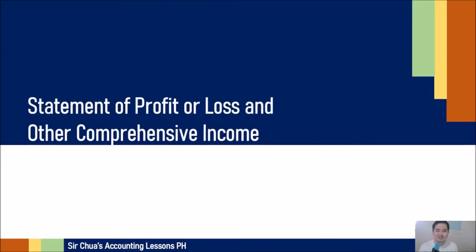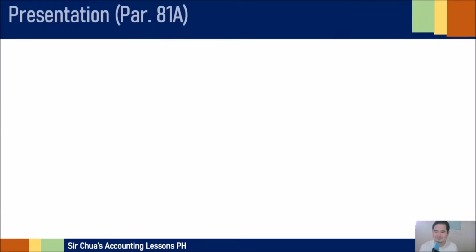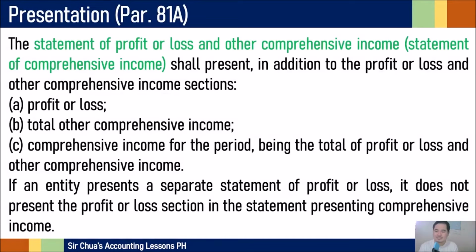Okay, so first thing this session, let's talk about the Statement of Profit or Loss and OCI, the other comprehensive income. The Statement of Profit or Loss and other comprehensive income, or basically the Statement of Comprehensive Income, pwede rin nyo rin pong tawagin yon.